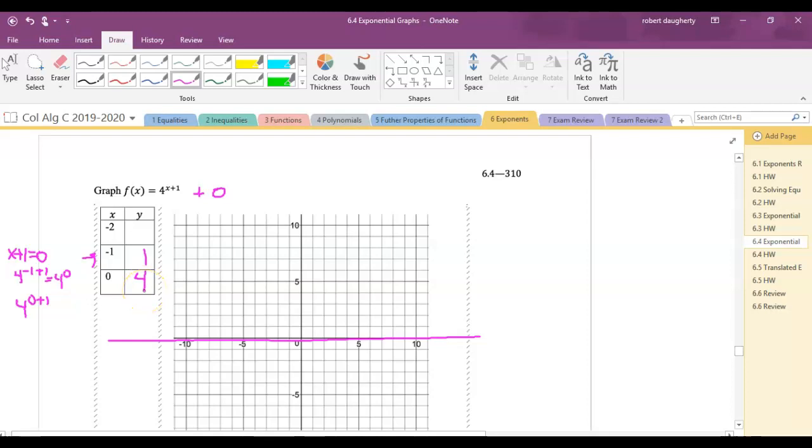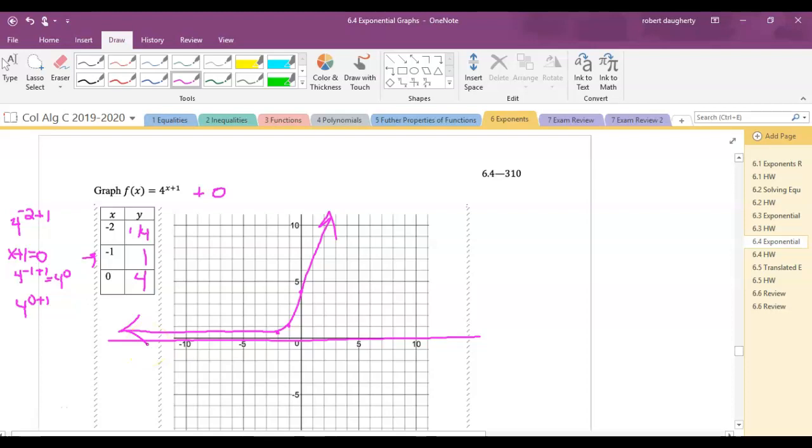And then this one, what is 4 to the negative 2 plus 1? What's negative 2 plus 1? Negative 1. What's 4 to the negative 1? 1/4. So I've got the points negative 2, 1/4, negative 1, 1, 0, 4. Okay? So this graph is doing this.